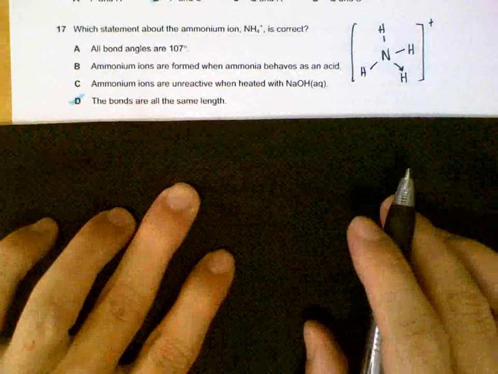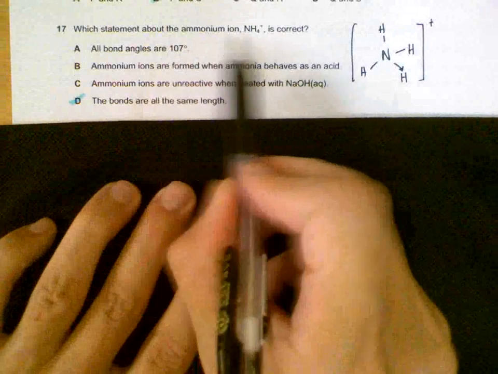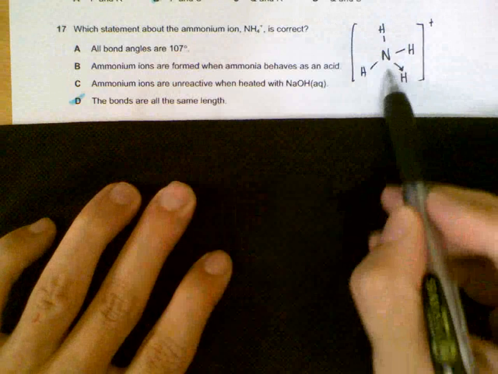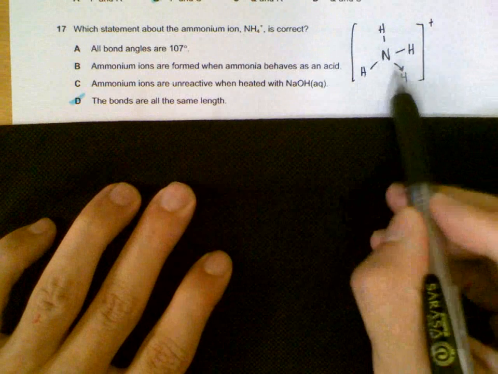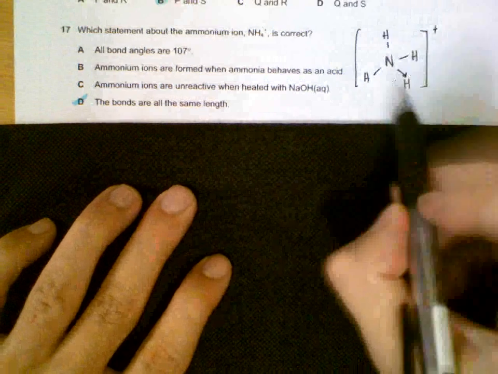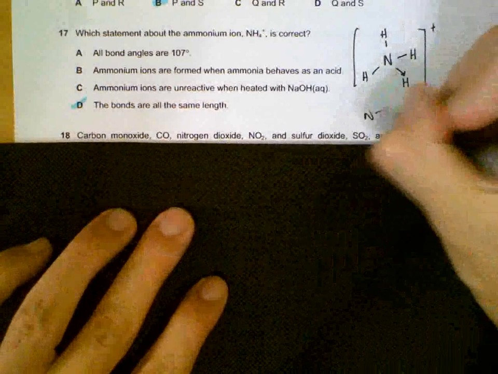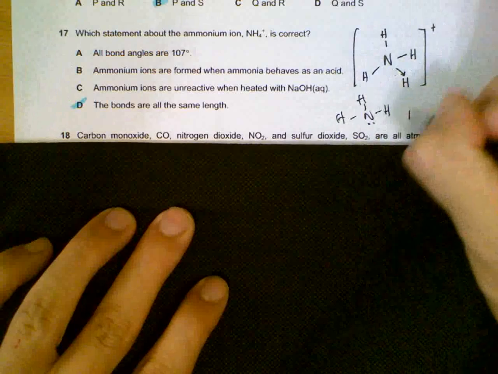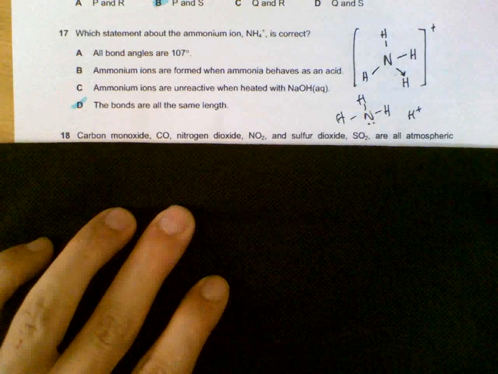Question 17. Which statement about the ammonium ion is correct? All bond angles are 107. Ammonium ions, I put it here. These are all your covalent bonds, and if you want to be even more specific, this is a dative bond, because ammonia NH3 has one lone pair, and then your hydrogen ion has no electrons.